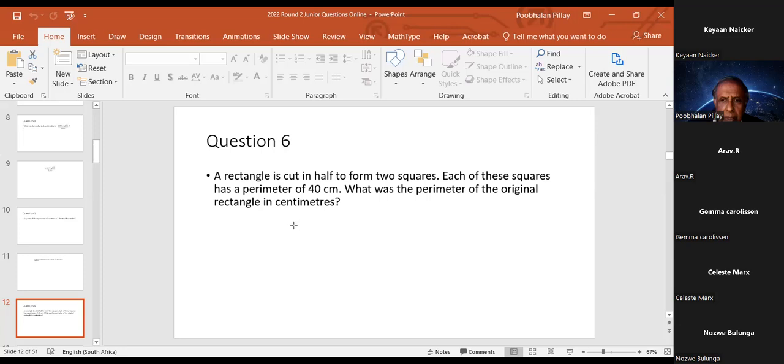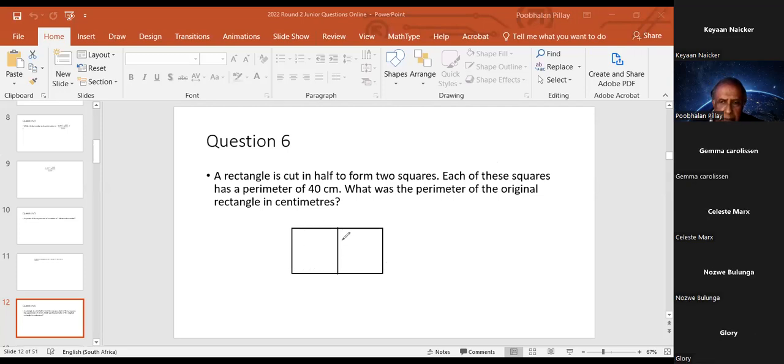Let's draw a rectangle, and you want to cut it in half to make 2 squares. Okay. Each of these squares has perimeter 40. So if you take the perimeter of the squares, if you go all around it, it's 40. And in the square, of course, all the sides are the same. So you add these 4 equal numbers to get 40.